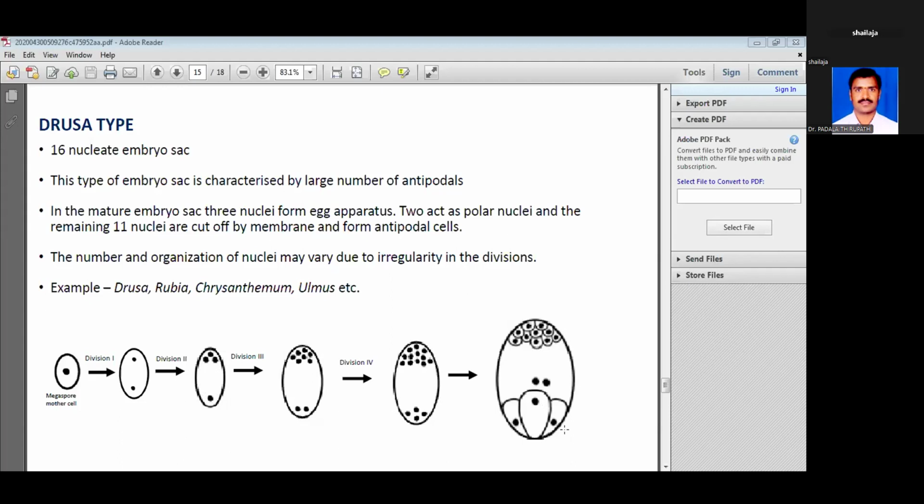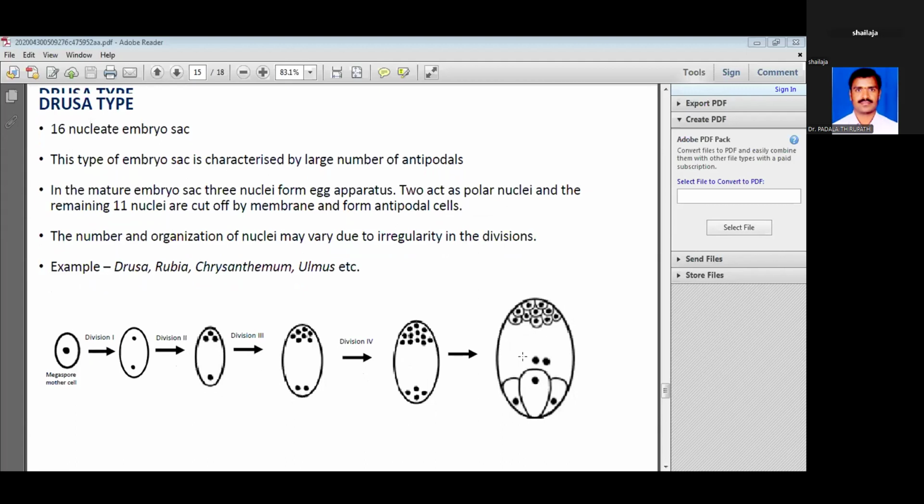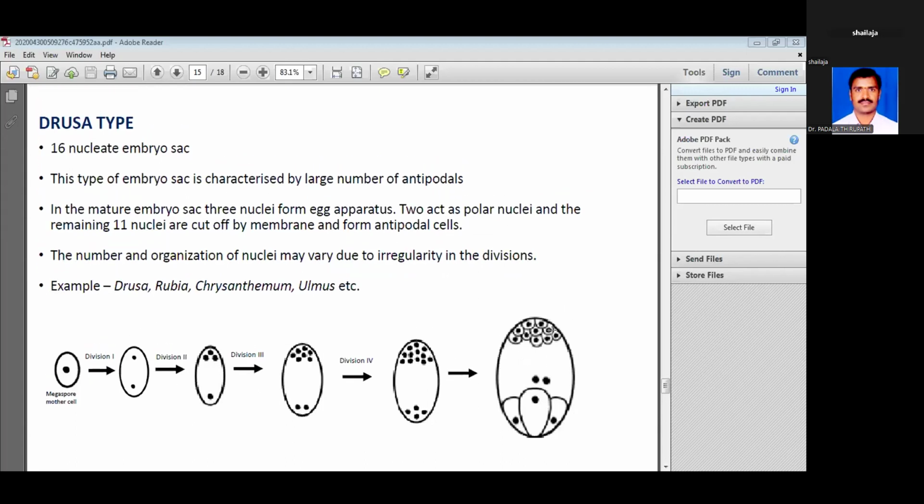So 3 become the egg apparatus, but 11 are antipodals. This is the egg cell, and 2 are synergids. At the center is the polar nuclei. This is the mature embryo sac.